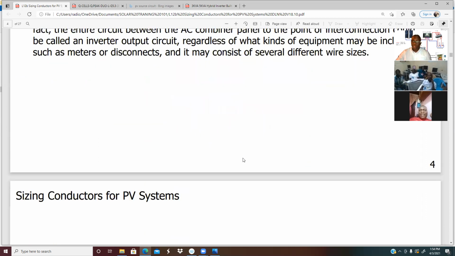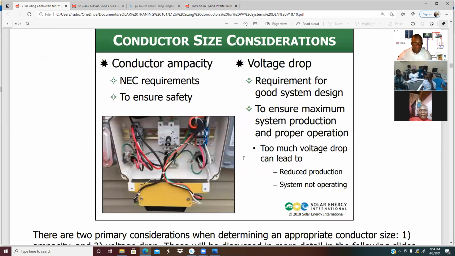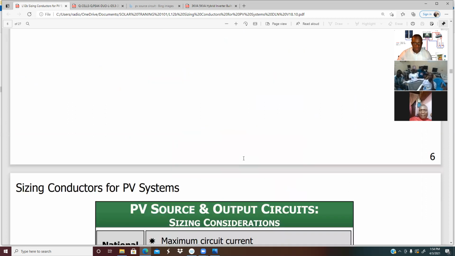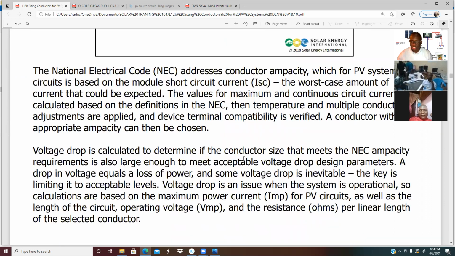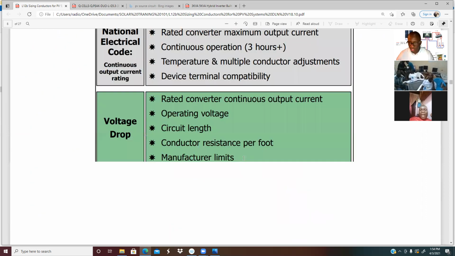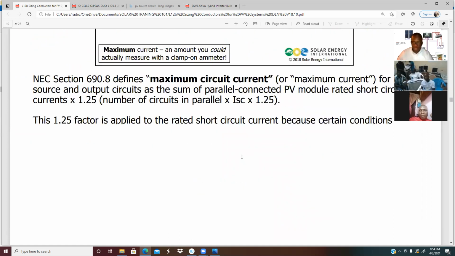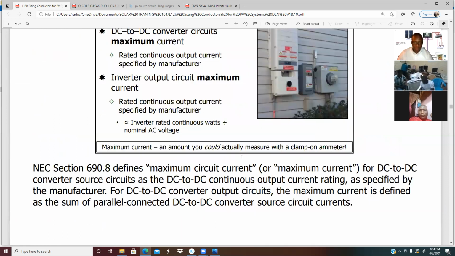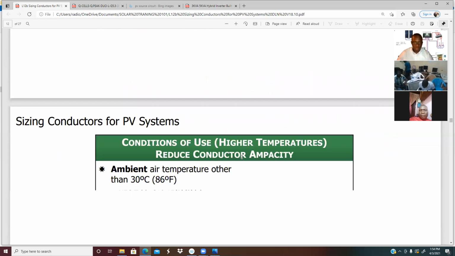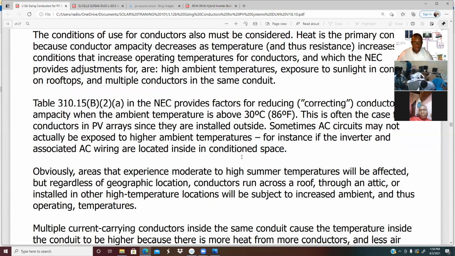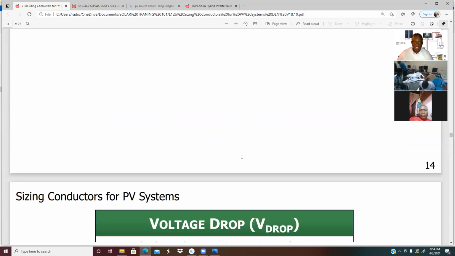One of the major things I want to talk about here is voltage drop. Let's go to the sheet.